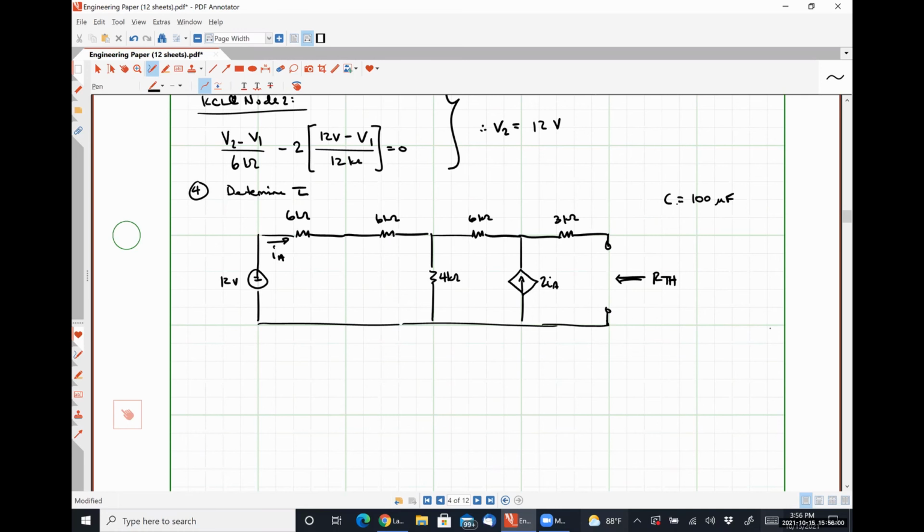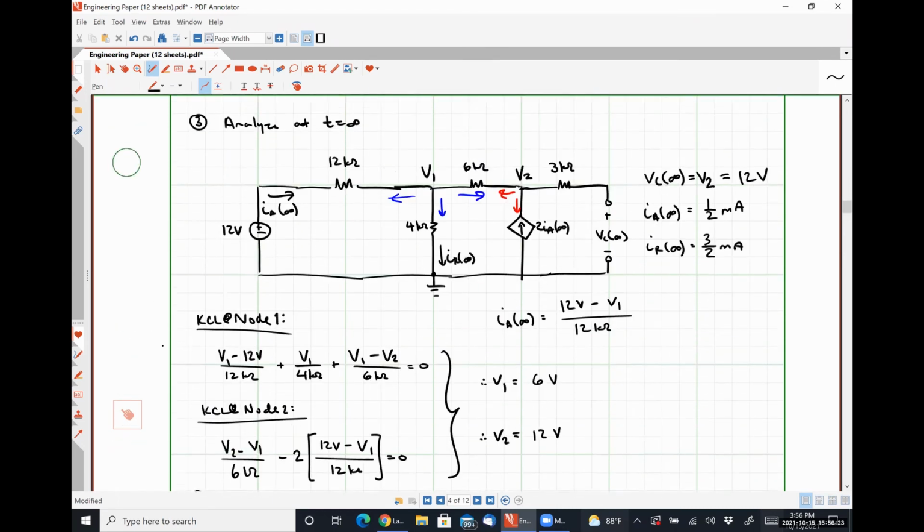That's fair. So let's approach it from the short circuit current methodology. To be clear here, because I see a few confused faces, perfectly reasonable, I am saying that VTH divided by I Norton is R Thevenin. By definition, that's true.